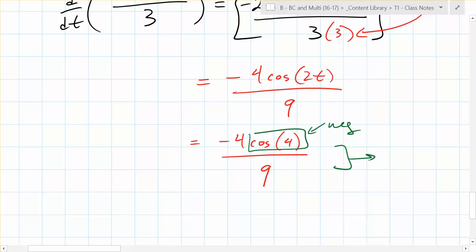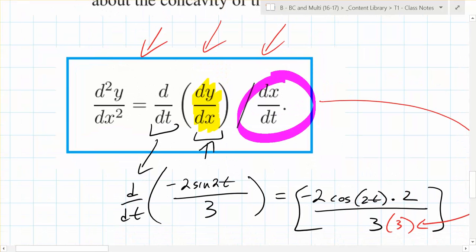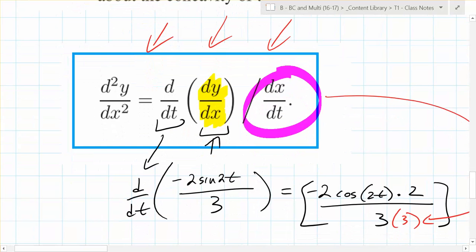So this whole thing is positive, and positive means concave up. The biggest mistake kids make is they do the first derivative of y with respect to t, and then they just do it again, twice. You need to do it this way right here.